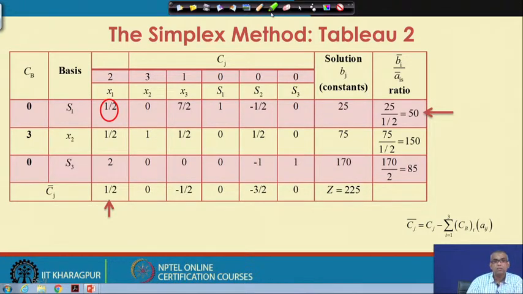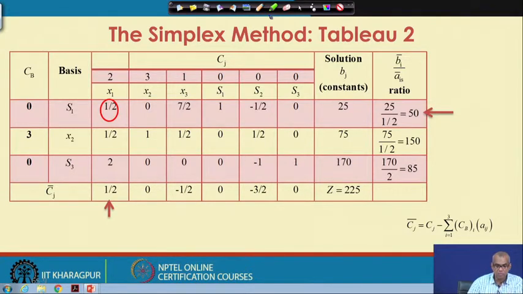Next, we compute Cj bar. Note that you are also performing the elementary operations on this column for constants. So, you find out Cj bar now for each of these non-basic variables.